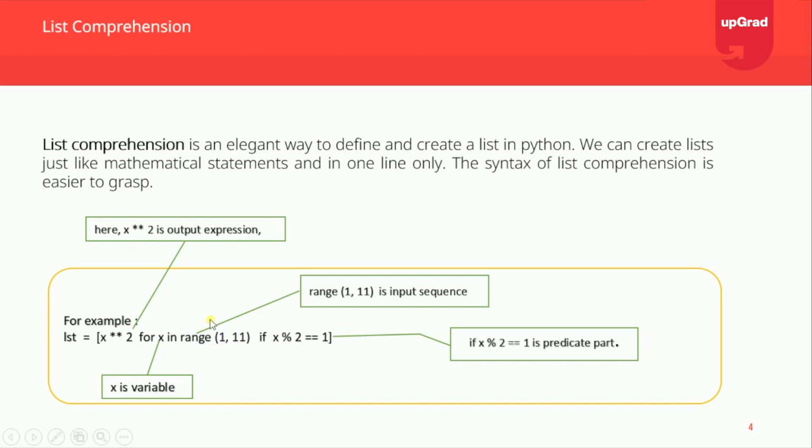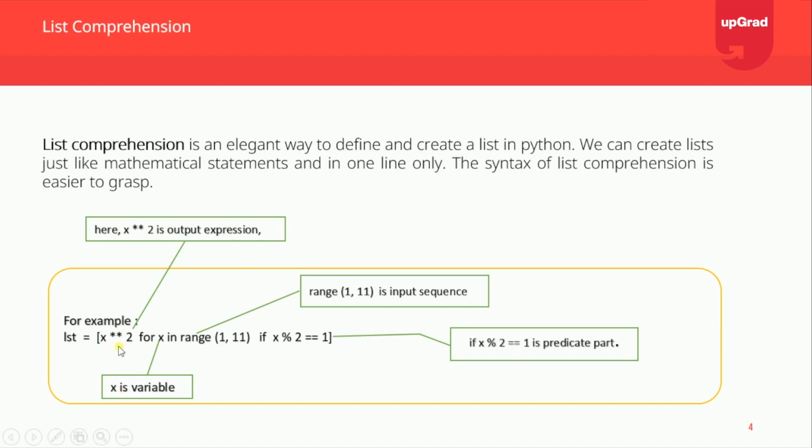All the numbers will be assigned to this variable, which is called x. Here a for loop is going to run internally, and this x will be updated every time with a new value. So the possible values of x are from 1 to 10. For every value of x, it will calculate its square.